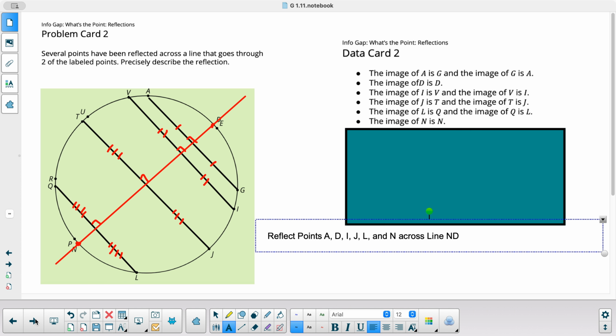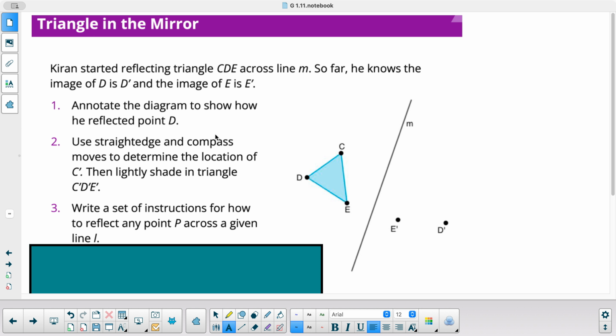All right. So a couple other things. Kieran started reflecting triangle CDE across line M. So far, he knows that the image of D is D prime, the image of E is E prime. Annotate the diagram to show how he reflected D. So basically, D to D prime goes right there.